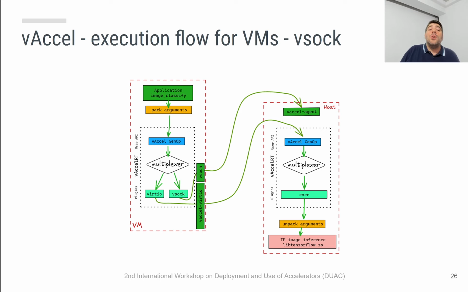So we've got a virtio plugin over vsock, which is a common framework used by VMMs to talk to the host. And we built a simple user space application, the VAccel agent, that runs on the host and intercepts the calls originating from the VM and then calls VAccel API calls directly on the host.